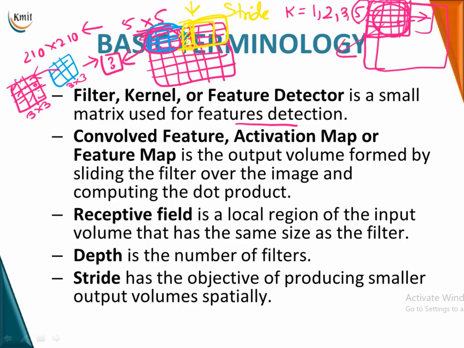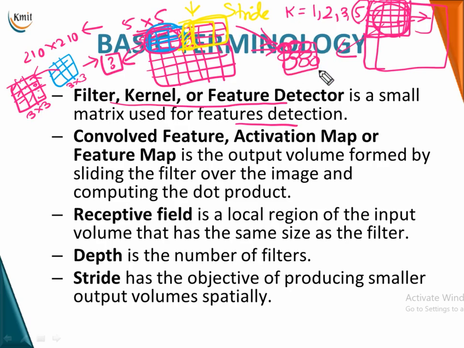Now you have to be very careful with the terminologies we are using here. A filter, kernel, or feature detector is a very small matrix that we use for feature detection. A convolved feature or activation map is what you get as output. You multiply and add the image and kernel to get a single value, and you slide your kernel till the whole image is covered, and you get a much smaller number of pixels as output.